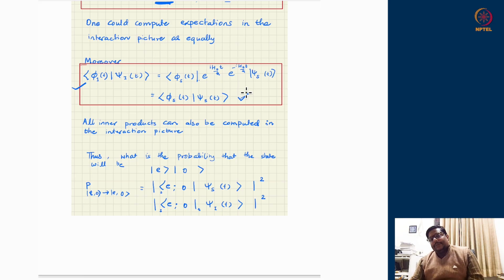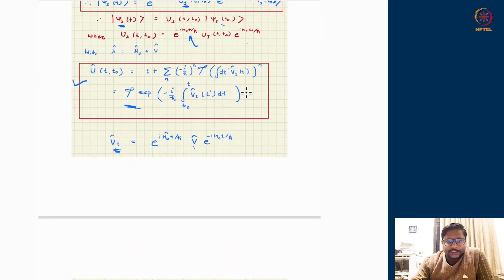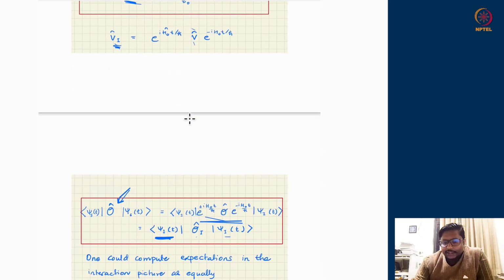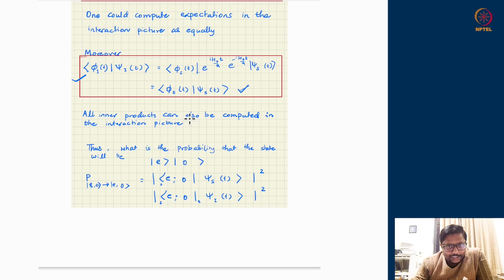The benefit of going to the interaction picture is that the unitary, which we had written for the interaction case, only depends on the perturbing Hamiltonian. V_I is just the perturbation Hamiltonian squeezed between the free particle's Hamiltonian unitaries. So ultimately, in the interaction picture, the interaction Hamiltonian plays a central role, and the information captured by them is as good as the Schrodinger picture. So we will see how the Unruh-DeWitt detector makes use of that.